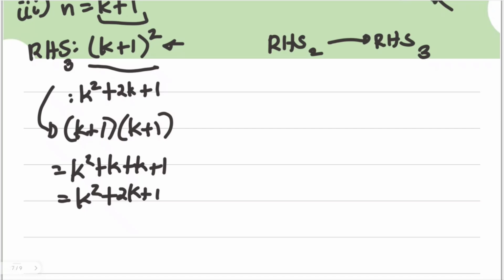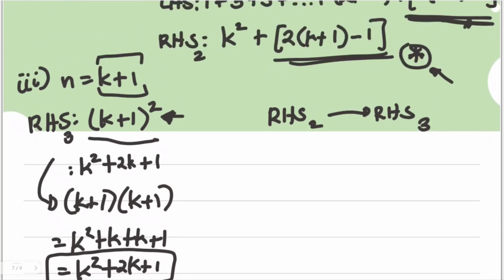Again, there are some references which will no longer manipulate this, just the right-hand side of the second step, and reach this one. But for those of us who need an actual or easier explanation, let me just use this simplified form so that it would be easier for us to look for some appropriate processes that will allow us to convert or simplify the right-hand side of the second step into that one.